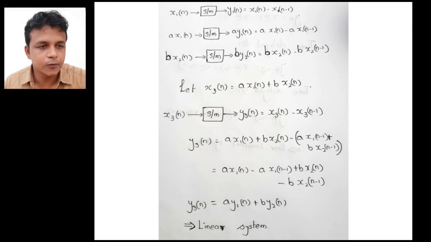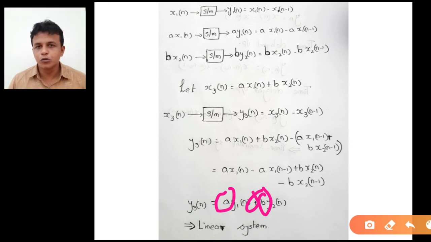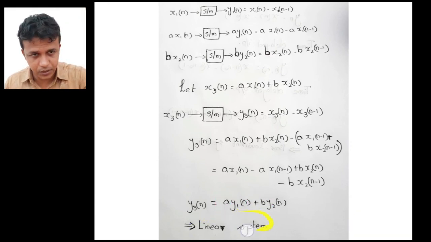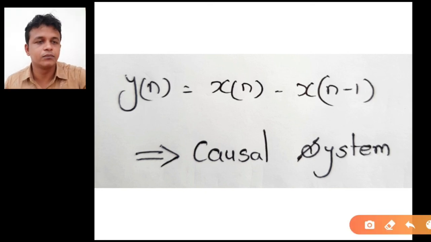Here the homogeneity principle is obeyed, the additivity principle is obeyed, so the superposition principle is obeyed. For these reasons the system becomes a linear system. The system is linear.